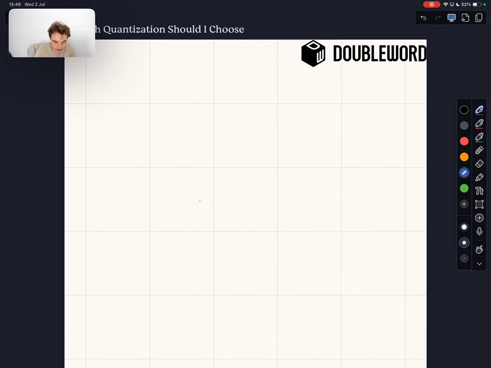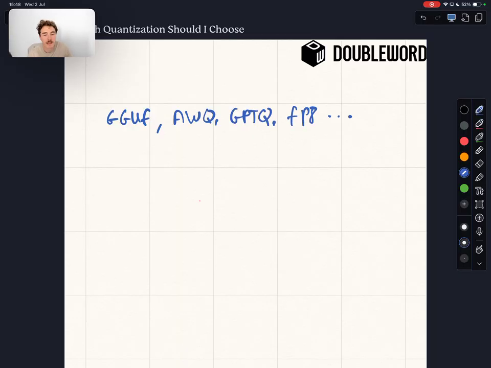You might have seen models described as appearing in GGUF format, AWQ, GPTQ, FP8, and all sorts of code names and data types that a model might be compressed to or quantized to. And in today's video, we're going to go through a broad way to categorize these types and which ones you should be looking into and using for your different use cases.